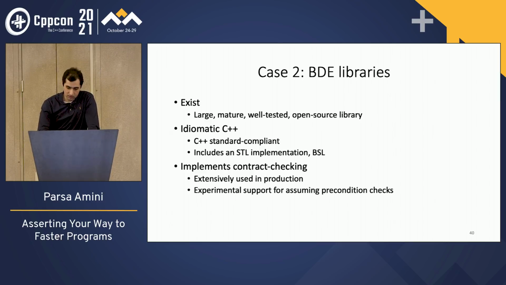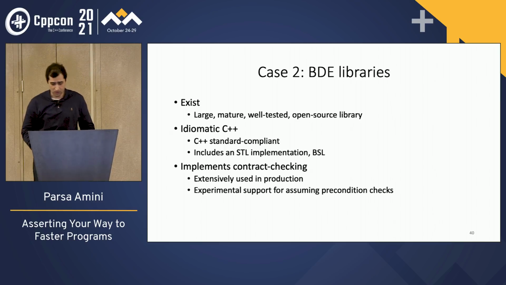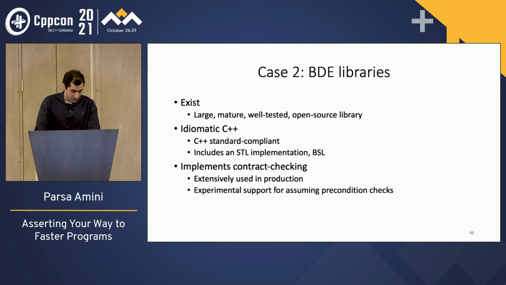That makes things a bit easier. And lastly, the BDE libraries are large libraries that are already instrumented with contracts, are maintained, and have been extensively used in production since 2004 with contracts.